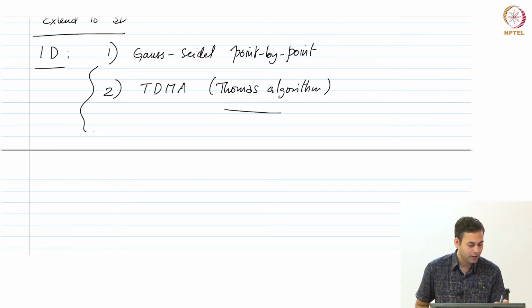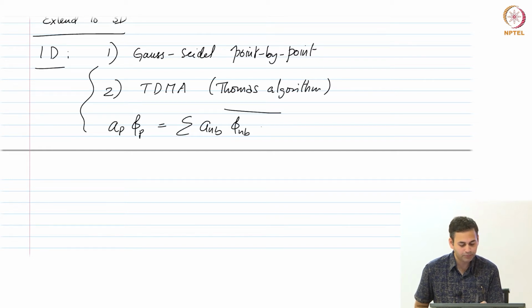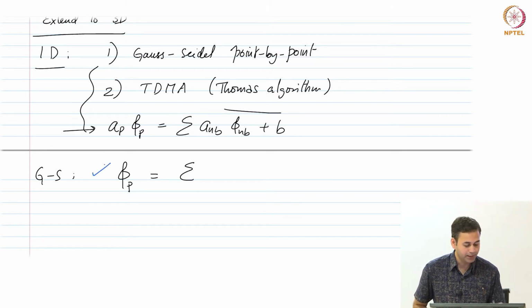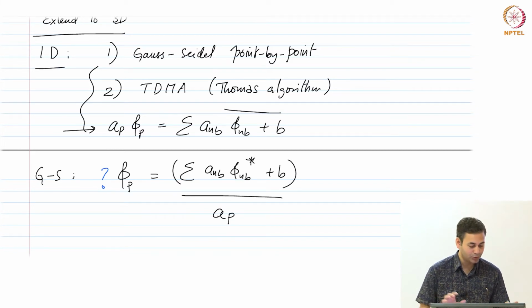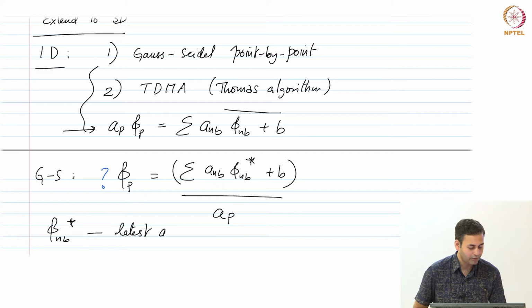In case of Gauss-Seidel, if you have AP phi p equals sigma A nb phi nb plus B, as our discretized linear equation, then in Gauss-Seidel we rearranged this equation for every cell and wrote phi p, which is the unknown at any cell, as sigma A nb phi nb star plus B upon AP, where I have now included a superscript star, which denotes the latest available value.